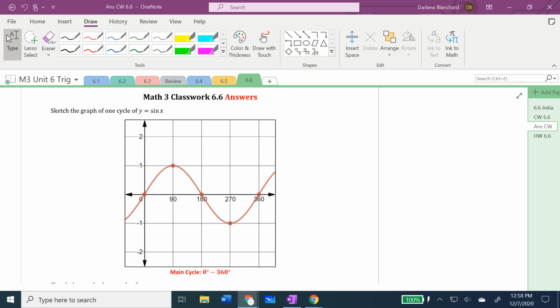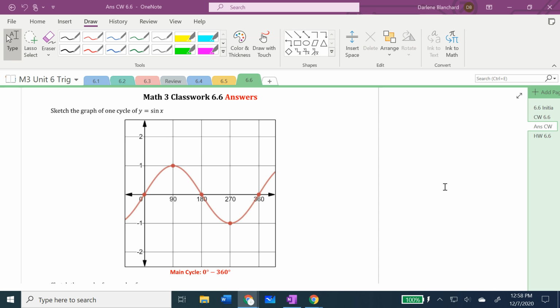Cosine actually looks very similar. In fact, the graphs are identical. They're just shifts of each other. They're not actually that different.